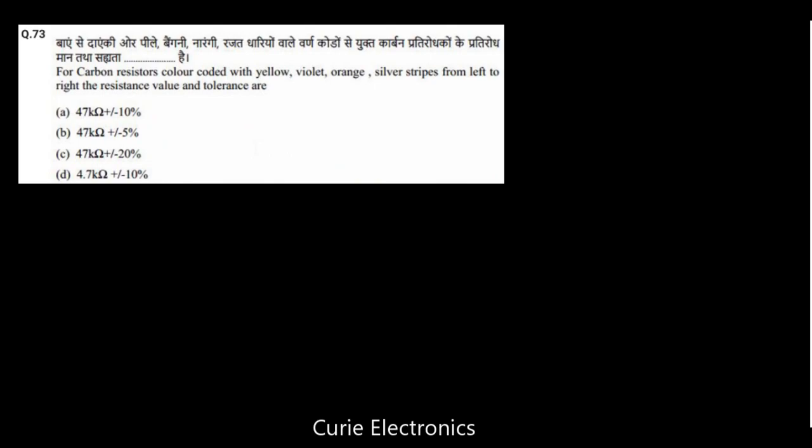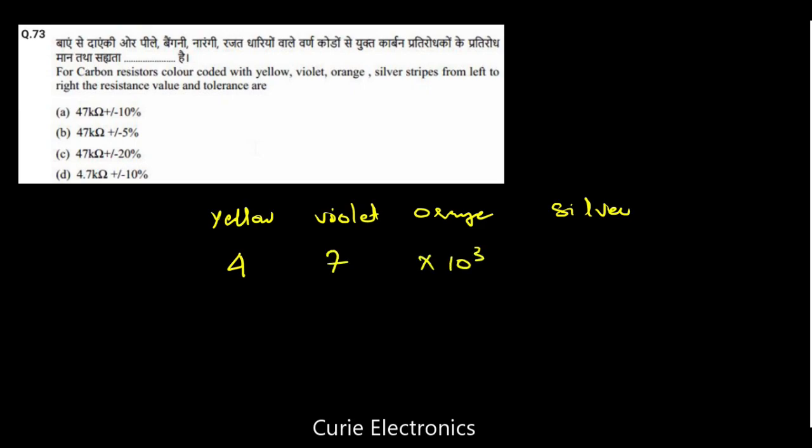A 4 carbon resistor color coded with yellow, violet, orange, silver. So it's a 4-band resistor. The first two bands are digits, 4 and 7. The third is the multiplier, 10 to the power 3.